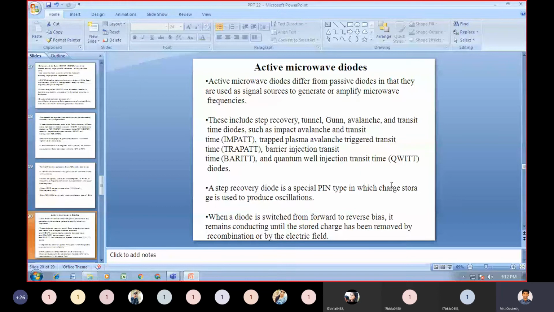A step recovery diode is a special PN type in which charge storage is used to produce oscillations. When a diode is switched from forward to reverse bias, it remains conducting until the stored charge has been removed by recombination or by the electric field.